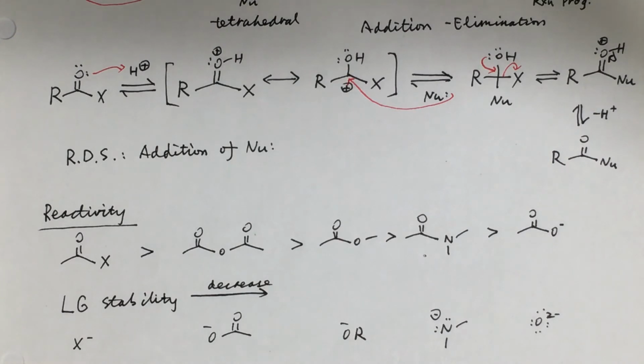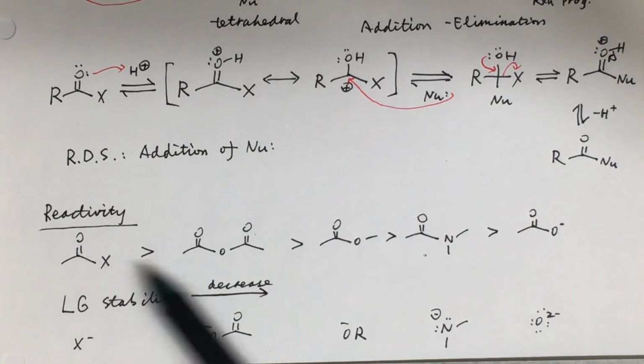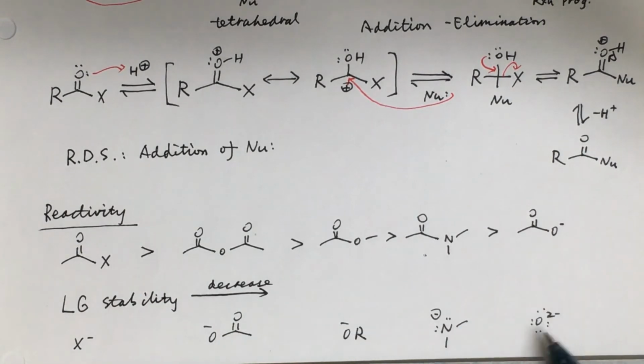And first of all, a lot of people like to look at the leaving group stability. Okay, and when we look at the leaving group with the corresponding functional group, I listed the leaving groups over here. You can see that the leaving group stability decreases from left all the way to right.